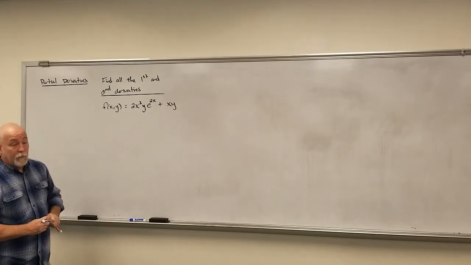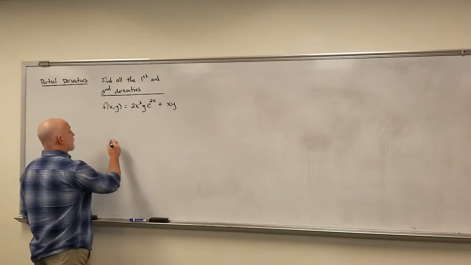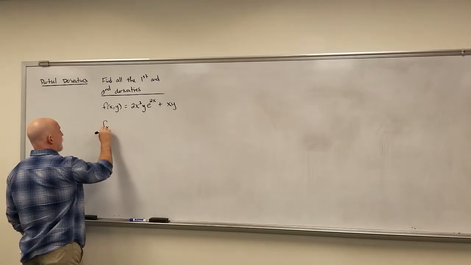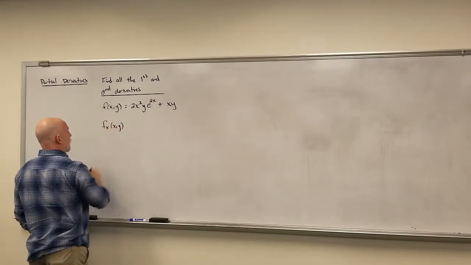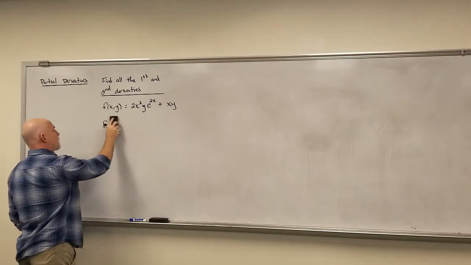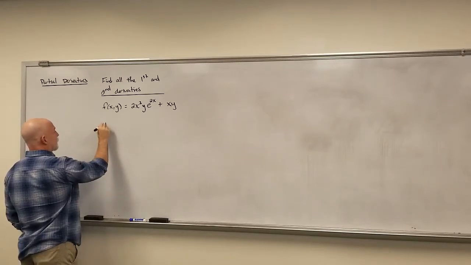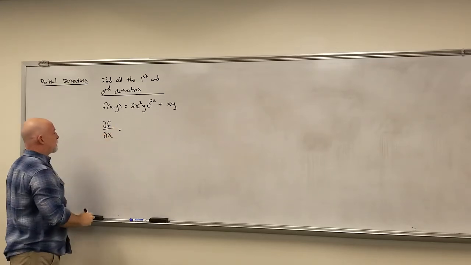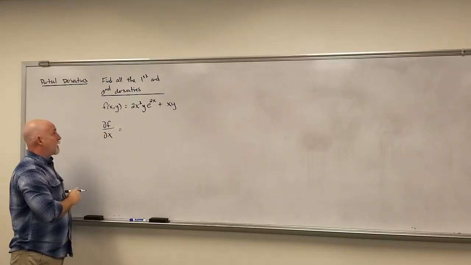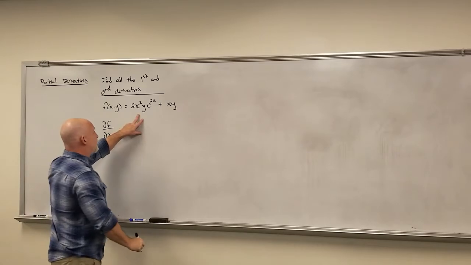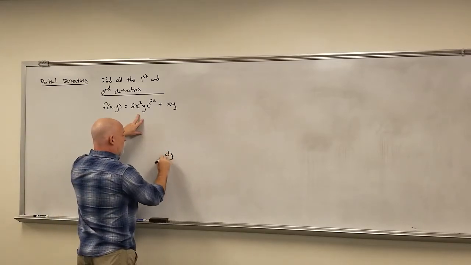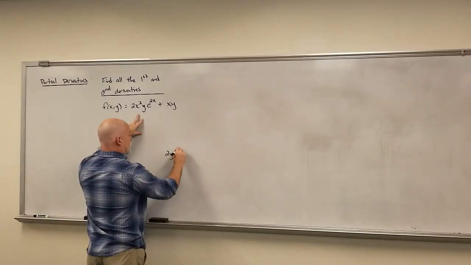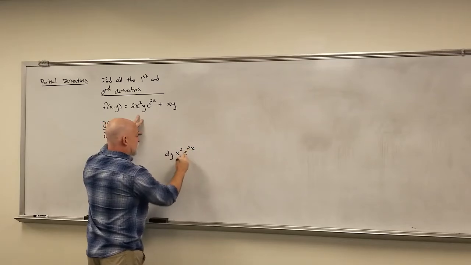You back? All right, let's see how we did. Let's find the first derivatives. Let's do the partial of f with respect to x. Remember, this is just f sub x. Now notice for this first piece, the 2y, since I'm taking the derivative with respect to x, is a constant.